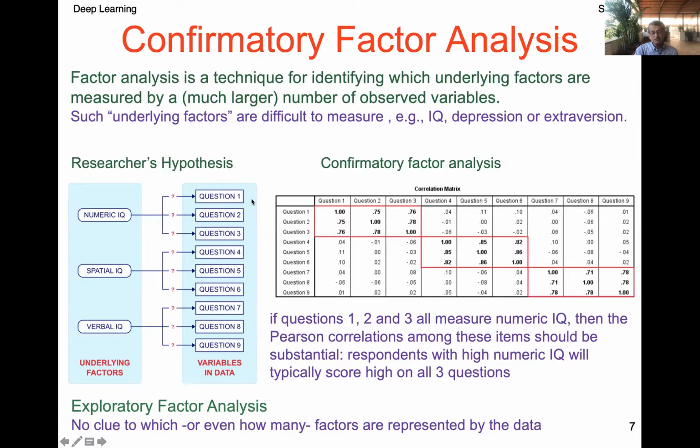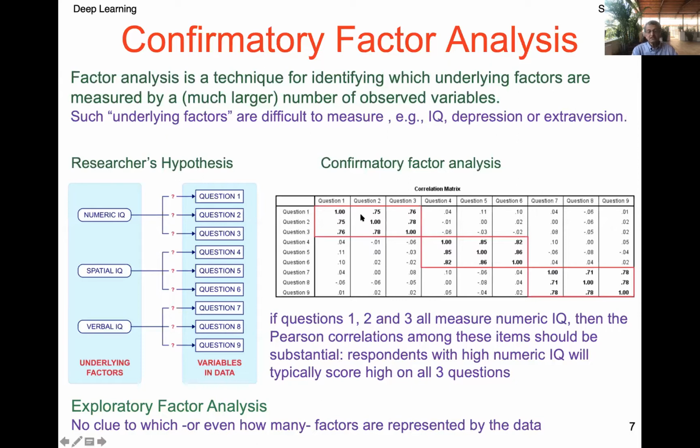And the way it is done is you capture the data, like you have a whole set of students who have answered all these questions and who have got scores, and then this researcher says, well, I'm going to just look at these as groups of 3 and say whether questions 1, 2, and 3 are correlated. And these are question 1, question 2, question 3. This is question 1, question 2, question 3. And the entry here has a high value close to 1, if they are correlated.